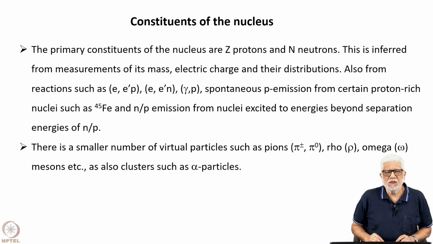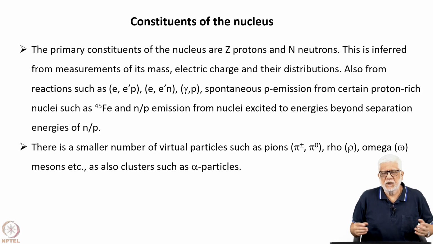We also have reactions such as (e, e' p). So, you can knock out constituents of the nucleus using a high energy probe. (e, e' n) and photon induced reactions, photonuclear reactions, (gamma, p), (gamma, n) and so on. We also infer such things from the spontaneous proton emission from certain proton rich nuclei such as 45 iron.